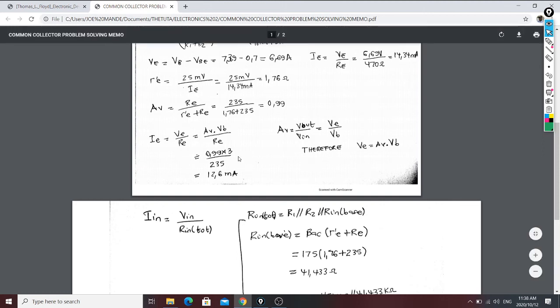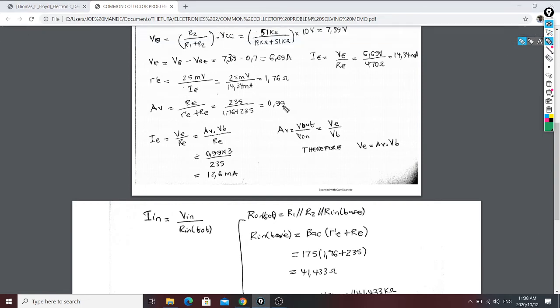Okay, so for the average current, we know that it's going to be I out over I in. So I out is the emitter current, I in is the current in here. So that's how we are going to get our average current. When it comes to the I out, which is the emitter current, it is going to be VE over RE.